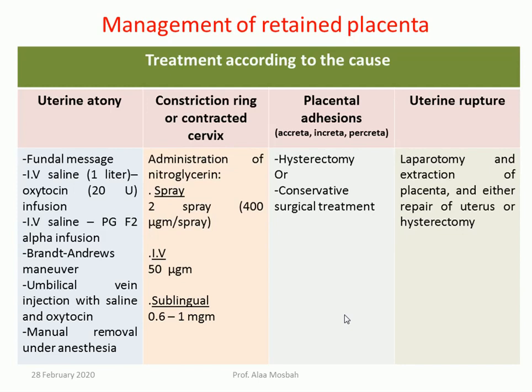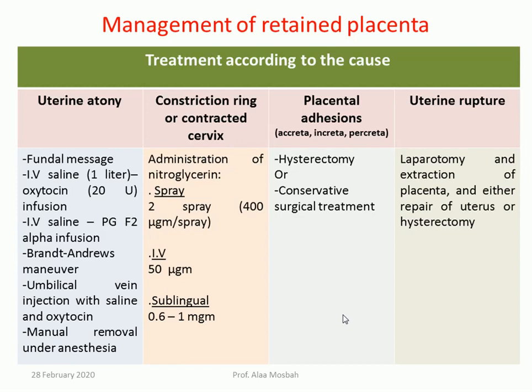In case of placental adhesions and invasion, hysterectomy is the definite line of treatment in case of placental invasion to the muscle wall of the uterus. While there is another conservative surgical treatment for some patients who want to keep the uterus.